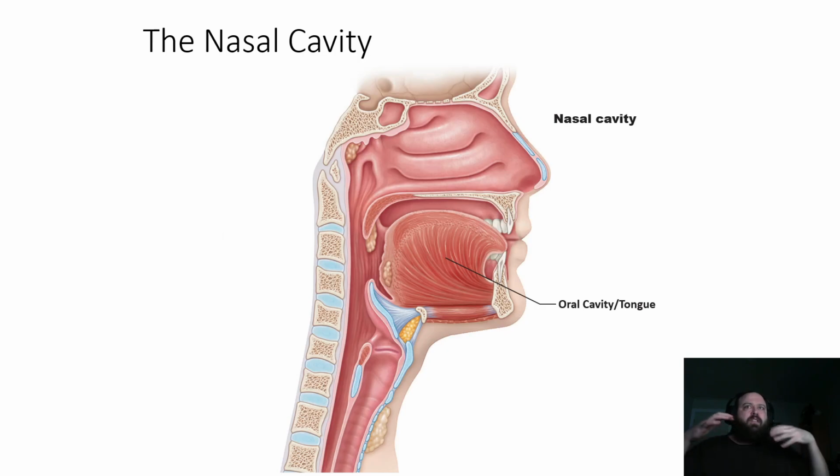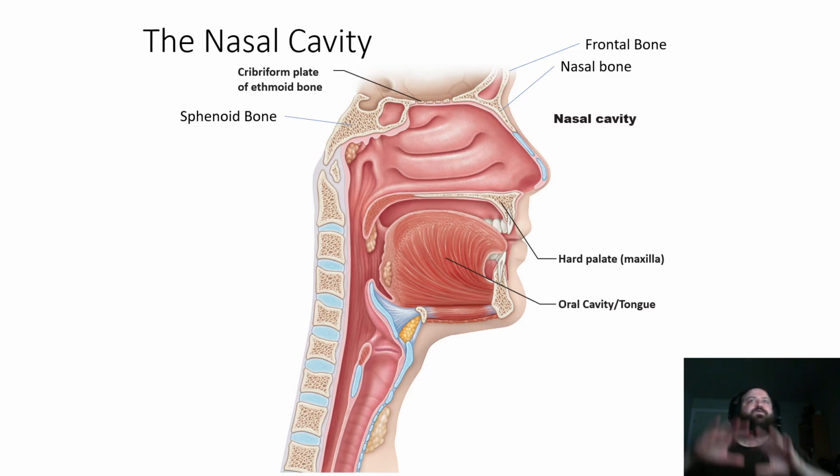So let's look at the nasal cavity. The nasal cavity is basically framed by the skeletal framework, which is formed by the nasal bone right here, the frontal bone right here, the ethmoid bone right here, and then the sphenoid bone in the back posteriorly in the vertebral canal.